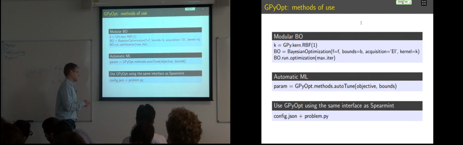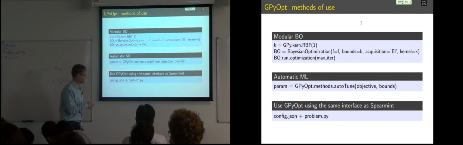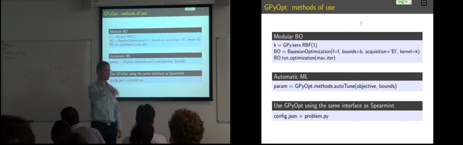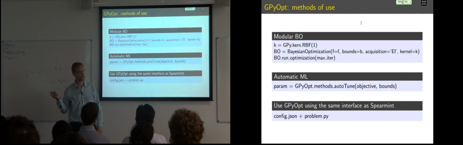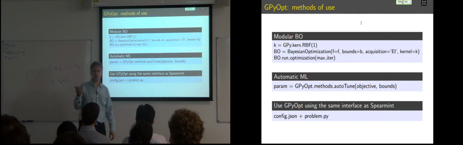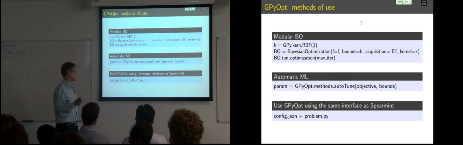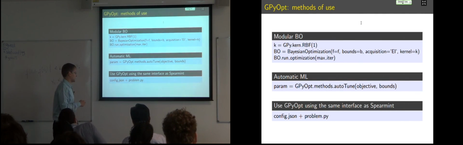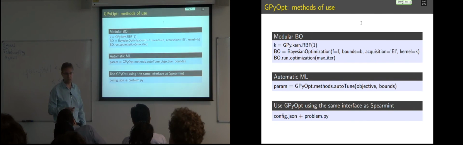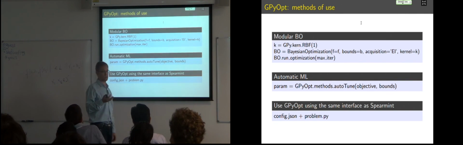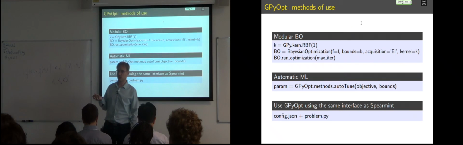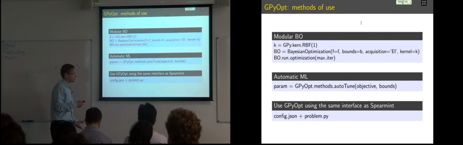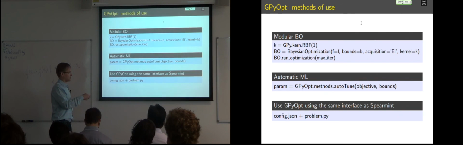And something we have done, which is already working but still has some things to improve: if you are a user of Spearmint and maybe you want to try GPyOpt, you can use a very similar interface. Essentially, you have your problem defined in a JSON file, in which you determine the type of variables that you have, the type of likelihood that you want to use, etc., and the problem itself, which will be a computer model in another file.